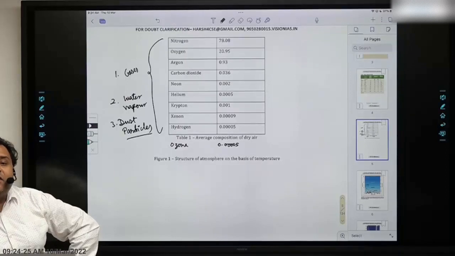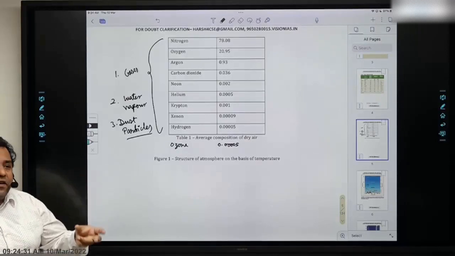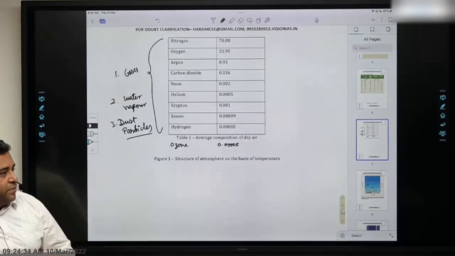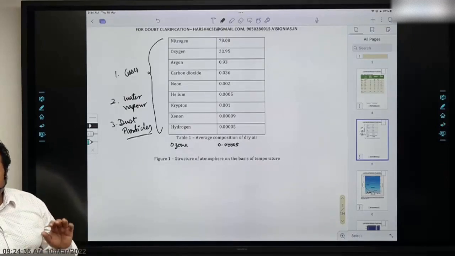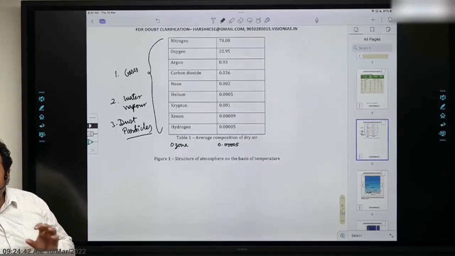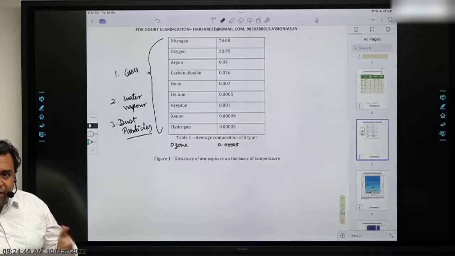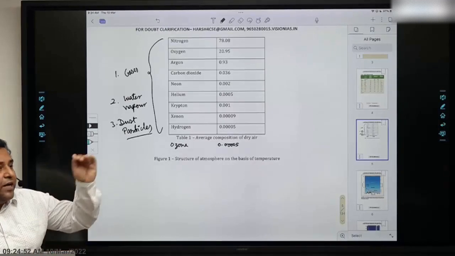Now why does this happen? This happens because the air at different temperature has different capacity for holding moisture. ठीक है? What does that mean? If the air is colder, less evaporation can happen and less moisture it can hold. If the air is hot, more evaporation can happen and the air can also hold more. ठीक है, so as you go higher, what happens to temperature?